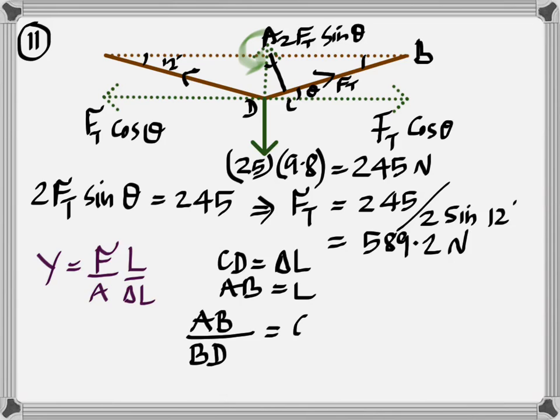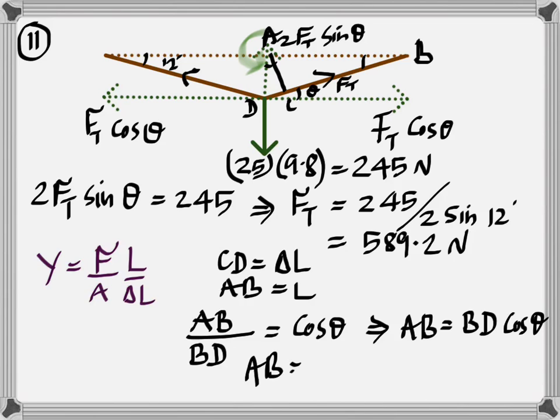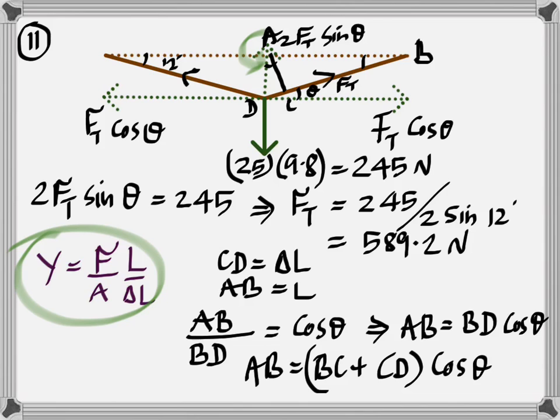Well, AB by BD is cos theta. And BD can be split up as BC plus CD. And obviously CD is the change in length.